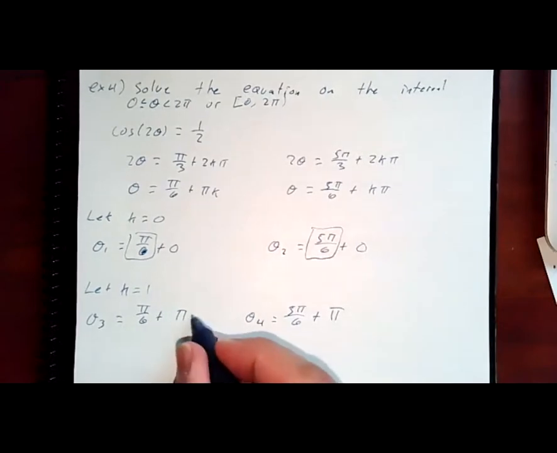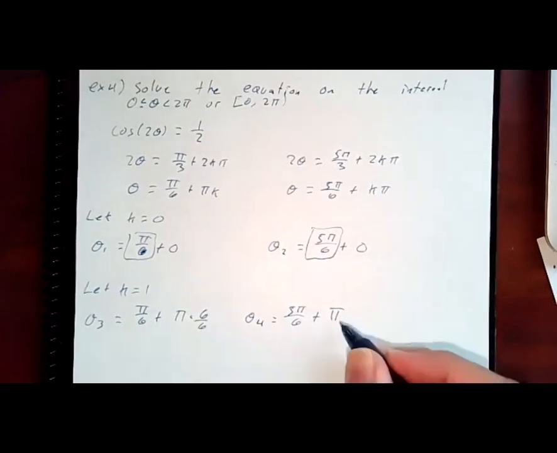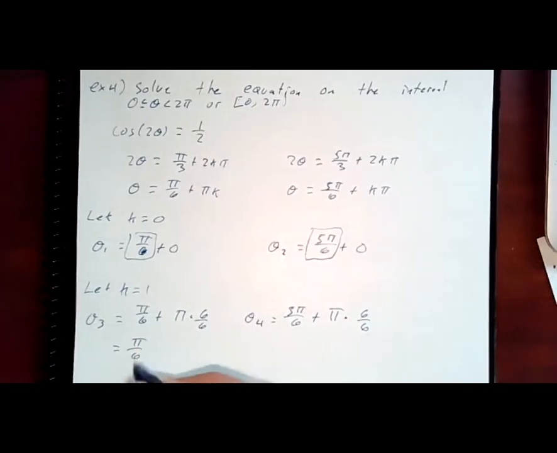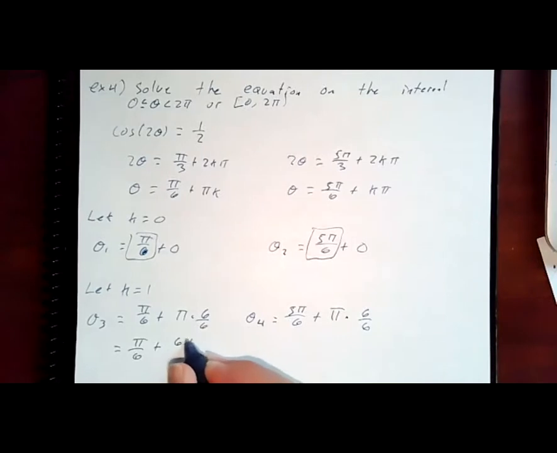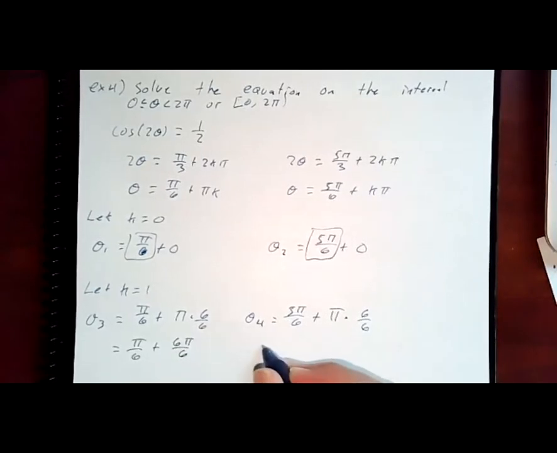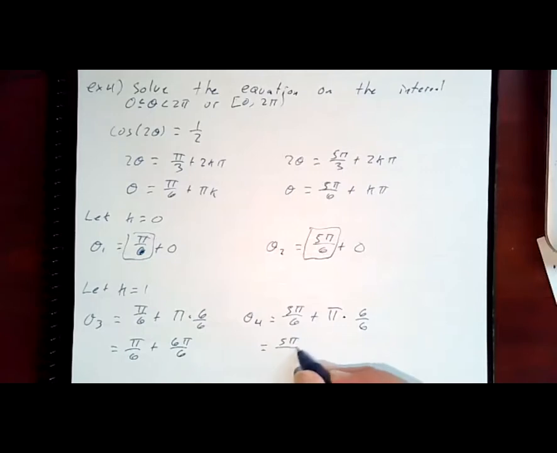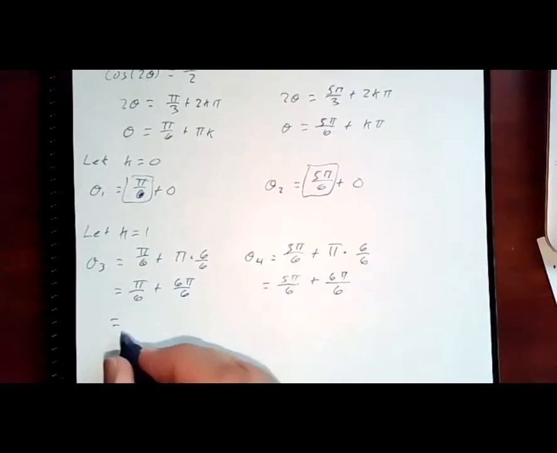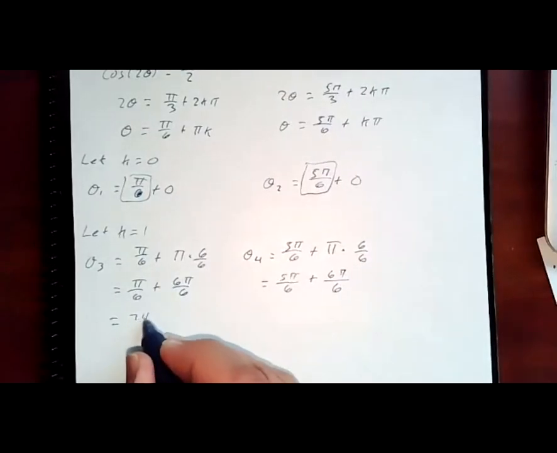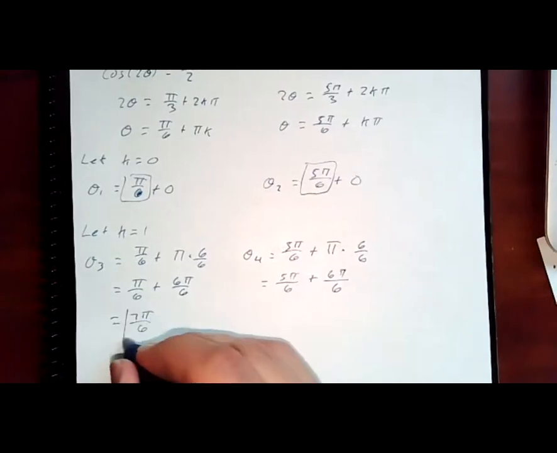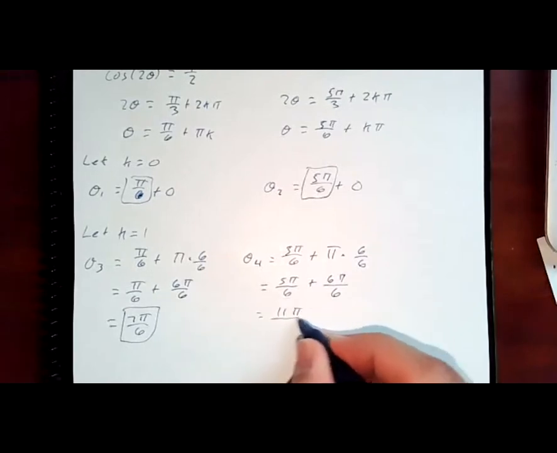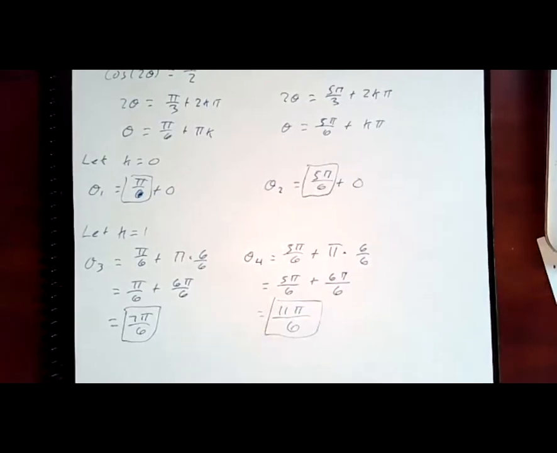I have to introduce 6 over 6 on the pi in order to add the fractions; that's the LCD. You get pi over 6 plus 6 pi over 6, and 5 pi over 6 plus 6 pi over 6. So my two answers will be 7 pi over 6, and 11 pi over 6. So there's my 4 answers.